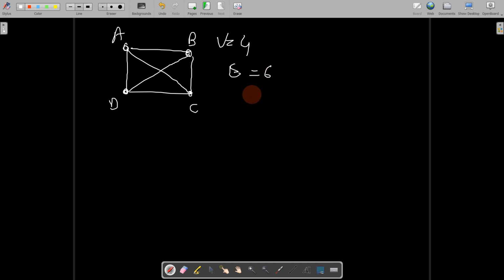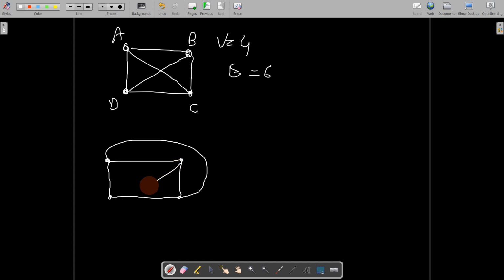Let's redraw this graph in a planar fashion. Okay, A to C and B to D. So A, B, C, D. How many regions can you see over here created by this planar graph? 1, 2, and 3, right? So regions are 3. So let us see whether this condition is being satisfied or not.